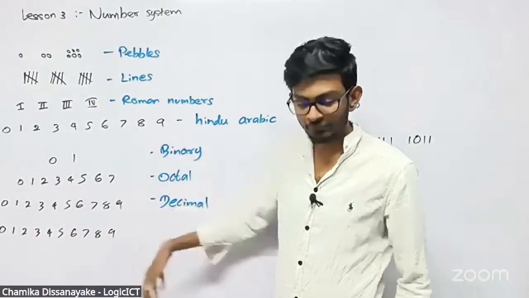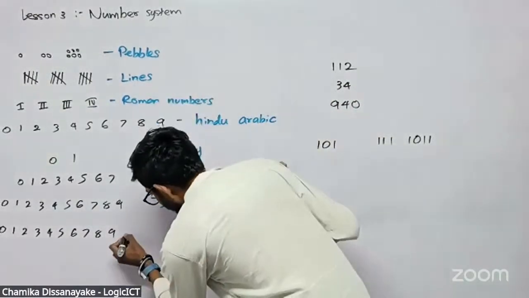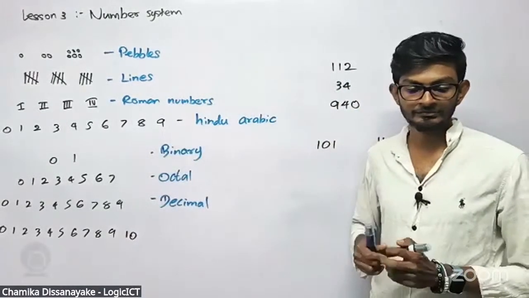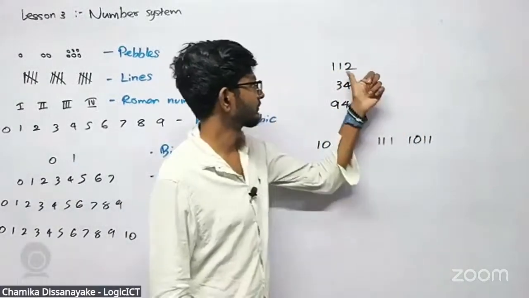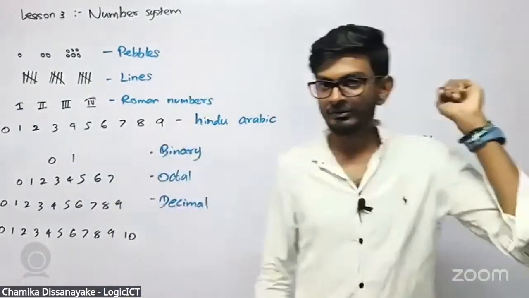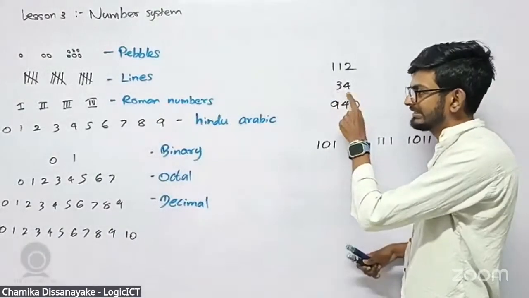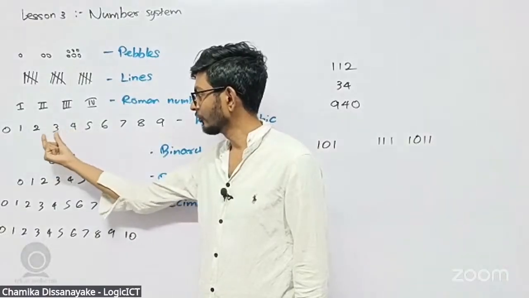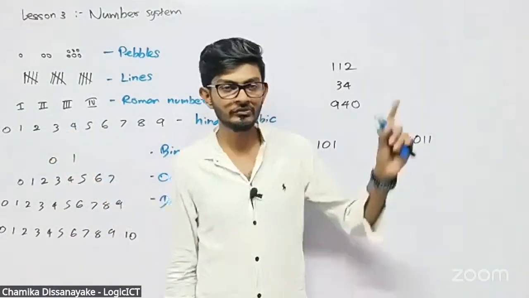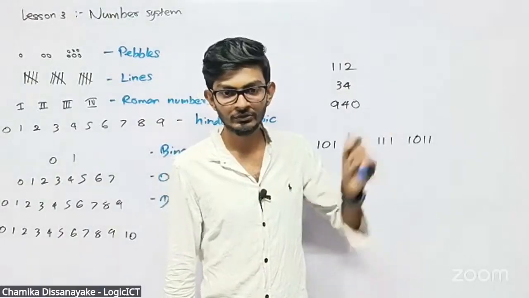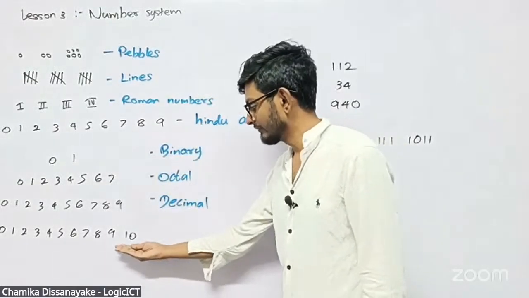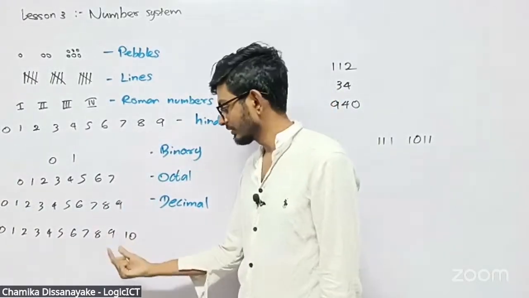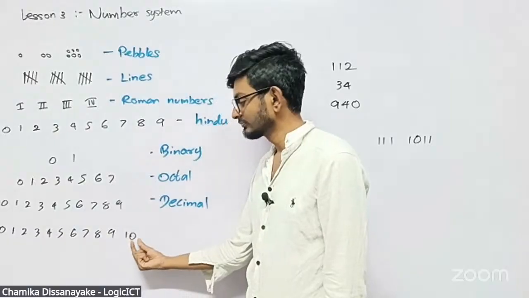So what happened when I write 10? I told you in here. When we write 34, that means we are going to use this 3 and 4, those 2 symbols to represent 34, no? Likewise, here, if we write 10, that means we are going to use the 1 and 0 symbols.